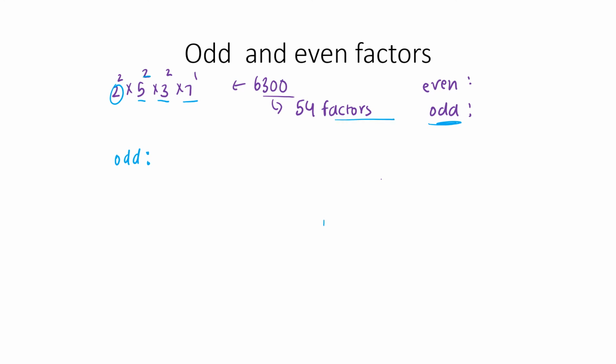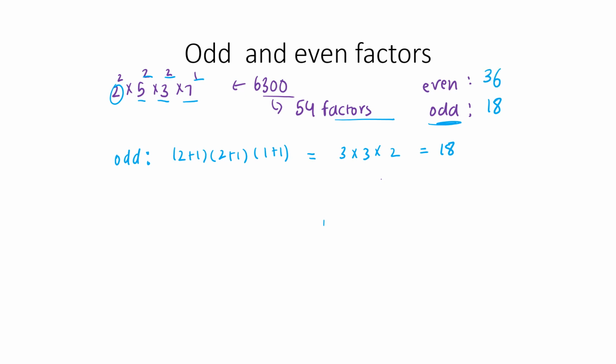So I do 2 plus 1 times 2 plus 1 times 1 plus 1, which is 3 times 3 times 2, which is just 18. So we have 18 odd factors. Obviously, you could just subtract and get 36 even factors.